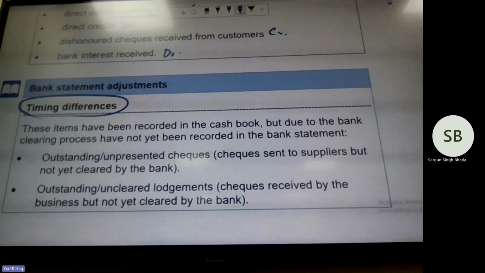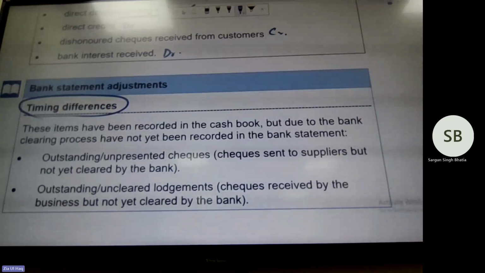We received a check, recorded it in the cash book, and deposited it to the bank, but it is not yet cleared from the other bank. It will be cleared next month because the bank needs 2 to 5 days for clearing from other banks. So this difference is due to timing difference.